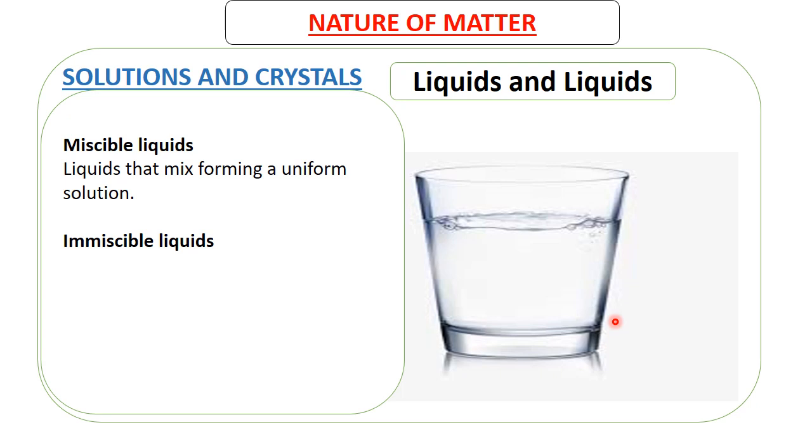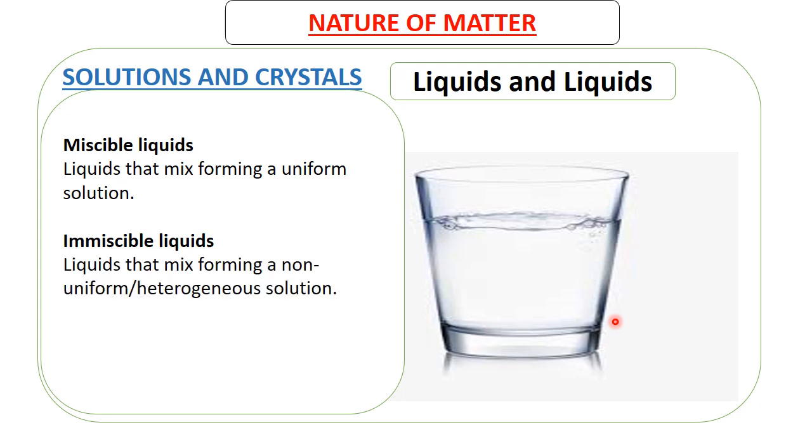The resulting mixture will have two layers, one of salad and the other one of water. Such a solution, which is not uniform, is, as we said, a heterogeneous mixture. Liquids that form such a non-uniform solution are said to be immiscible liquids, defined as liquids that mix forming a non-uniform or heterogeneous solution.